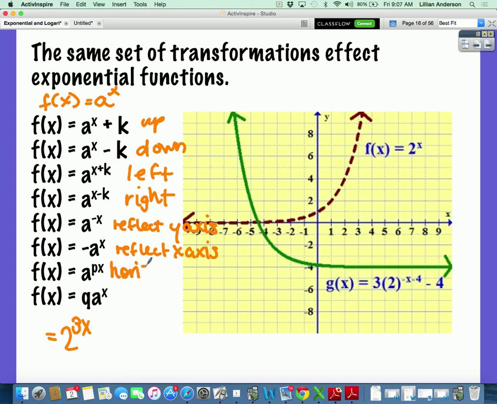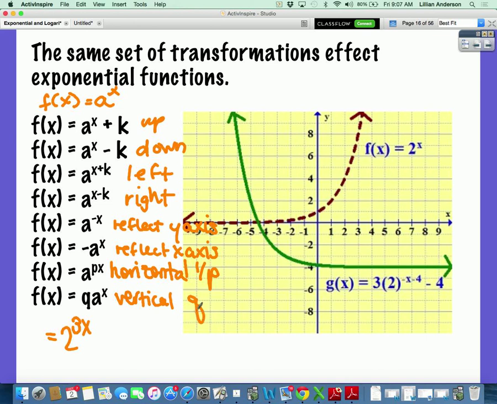This is the horizontal change of 1 over p. Remember, anything that's horizontal is the opposite. So that means the q would do what to the original parent function? Very good. It will stretch it vertically by a factor of q.